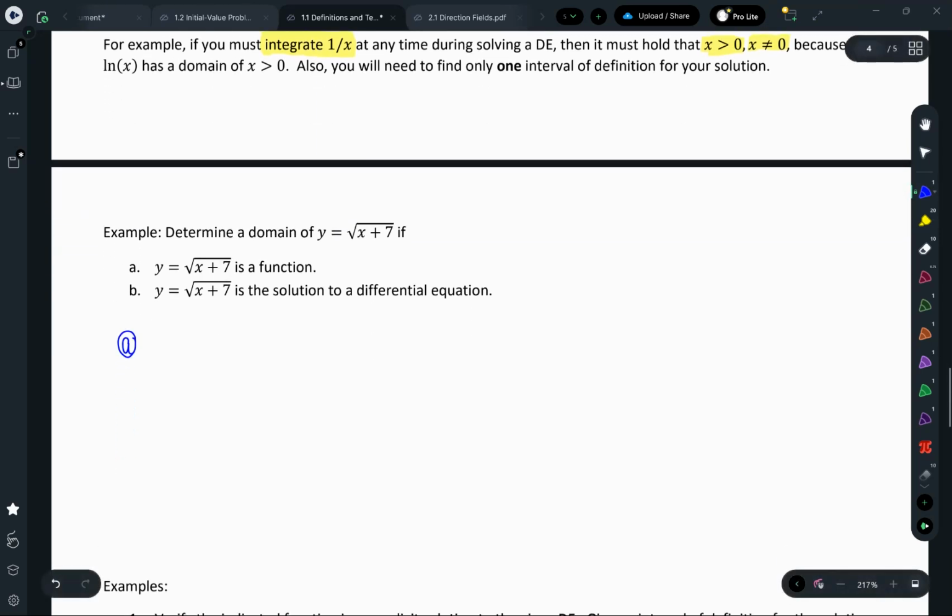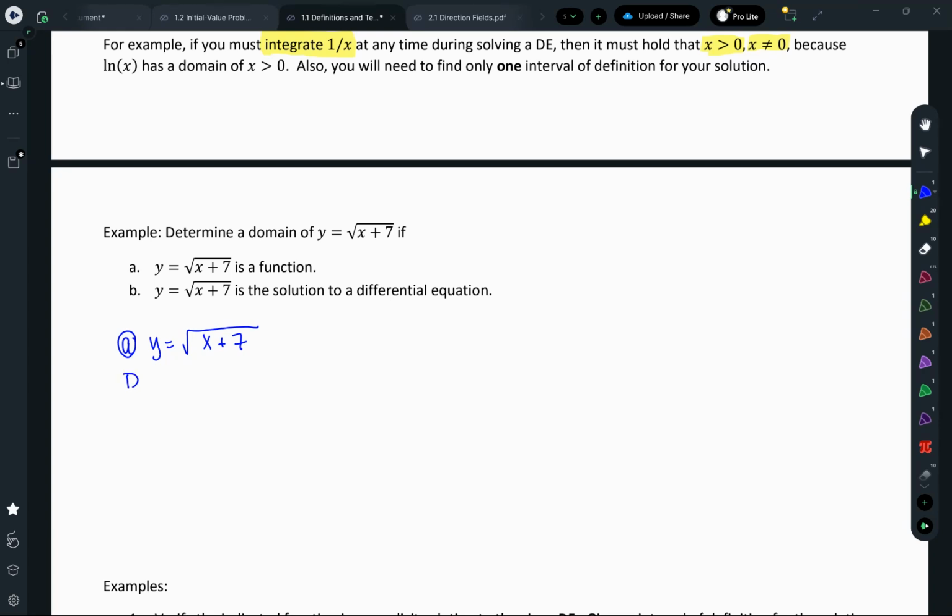In A, y equals the square root of x plus 7 only has issues if we try to plug in a number for x, and whatever the result under the square root is ends up being negative. We can get 0 under the square root. It's okay to take the square root of 0.